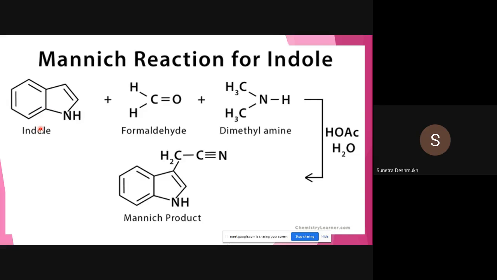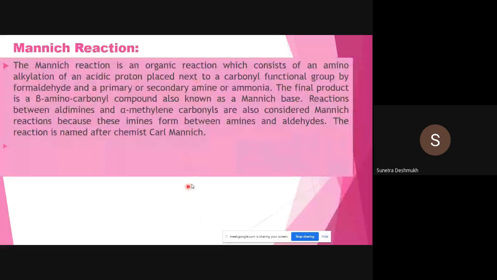Here they haven't taken another non-enolizable ketone, but instead two amines are used. Indole and dimethylamine, in the presence of acetic acid and water, give the Mannich product, this type of Mannich product. So I think you need to work out the mechanism here.